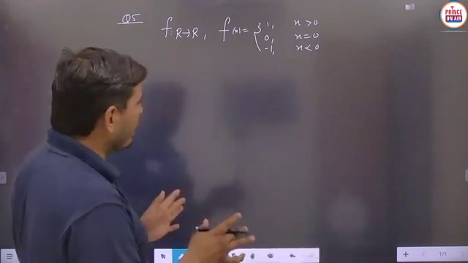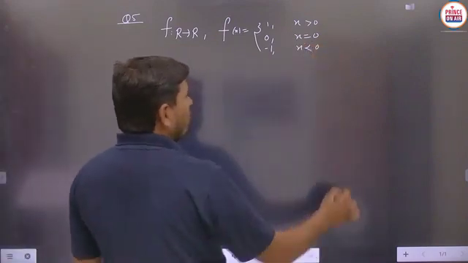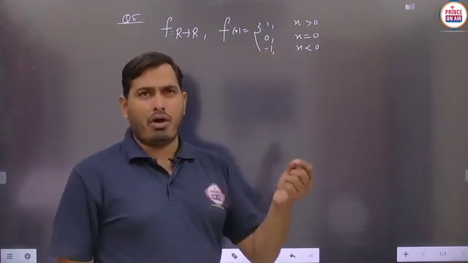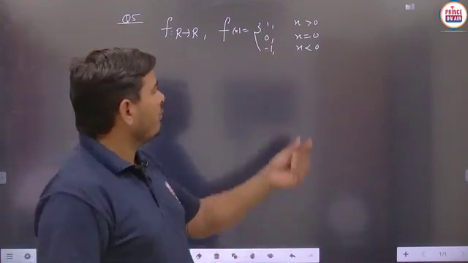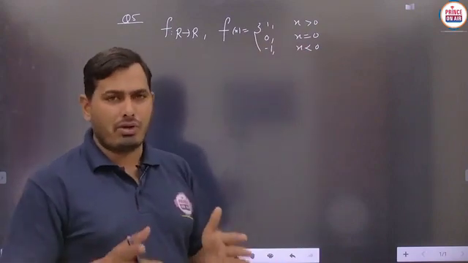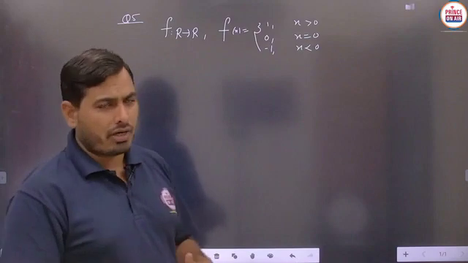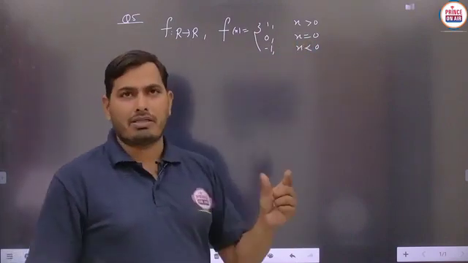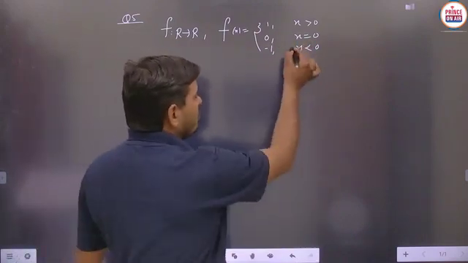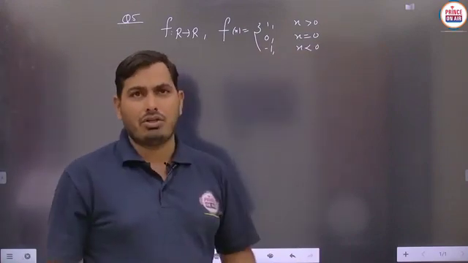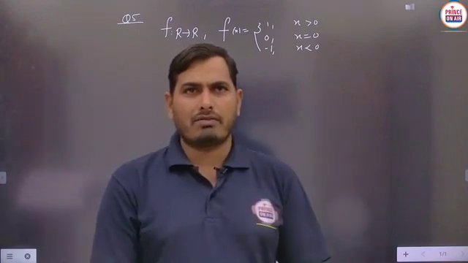For all values greater than 0, meaning all positive real numbers, the output of this function is 1. For x equal to 0, because it is neither negative nor positive, we take it as a separate case; at x equals 0 the answer is 0. For x less than 0 the answer is minus 1. Is it to be clear?